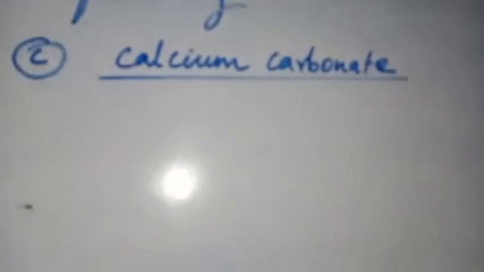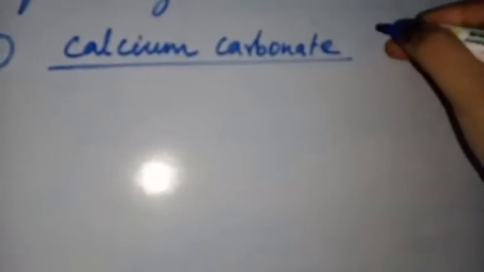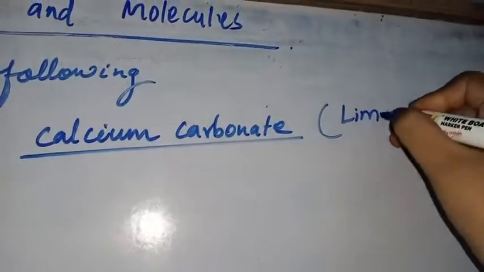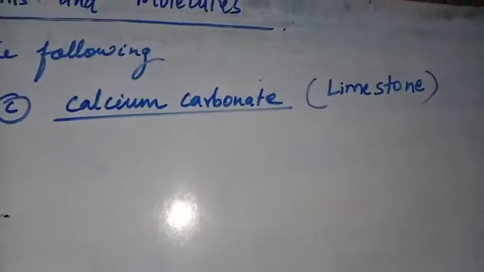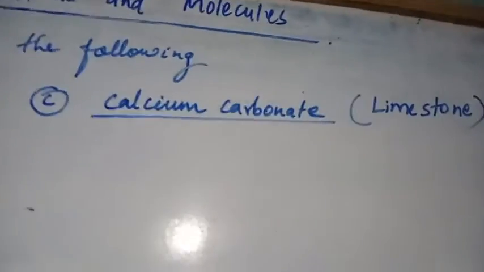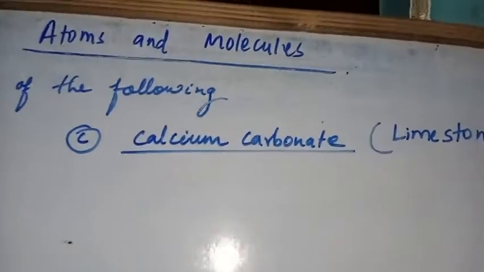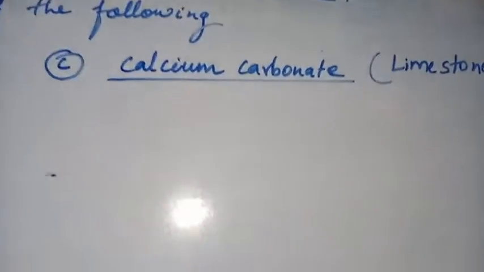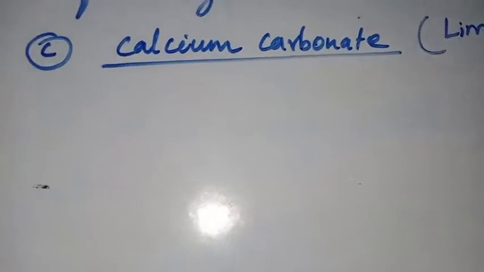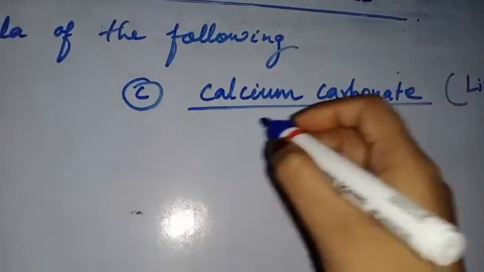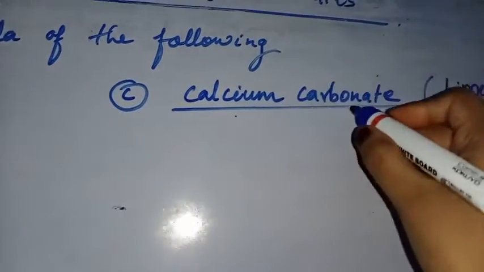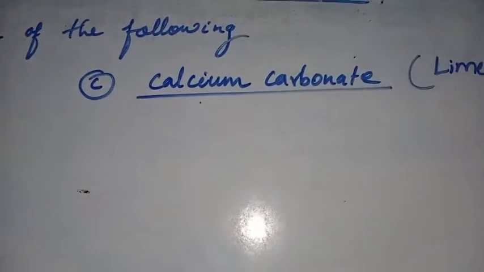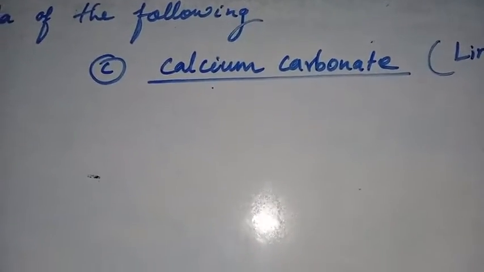The other name of calcium carbonate is limestone. Why am I giving you this? Because this is the common name of the chemical compound. Now calcium carbonate means it has calcium and carbonate ions present in this ionic compound.